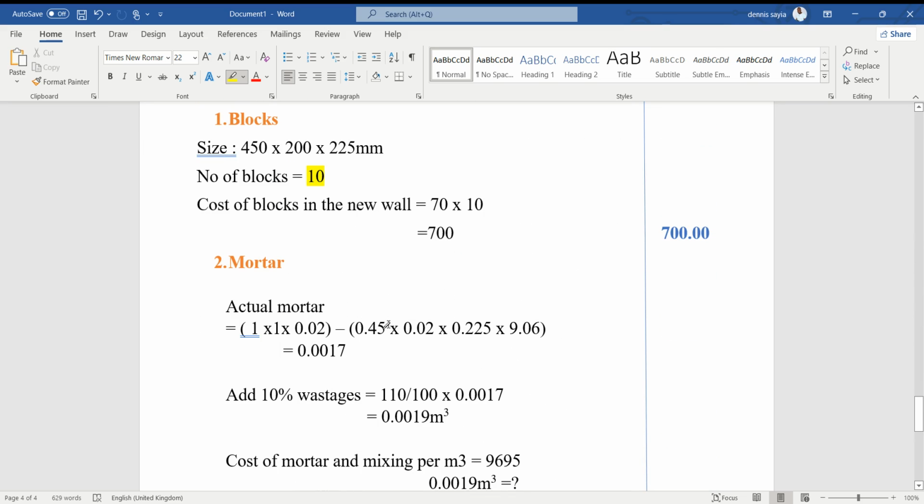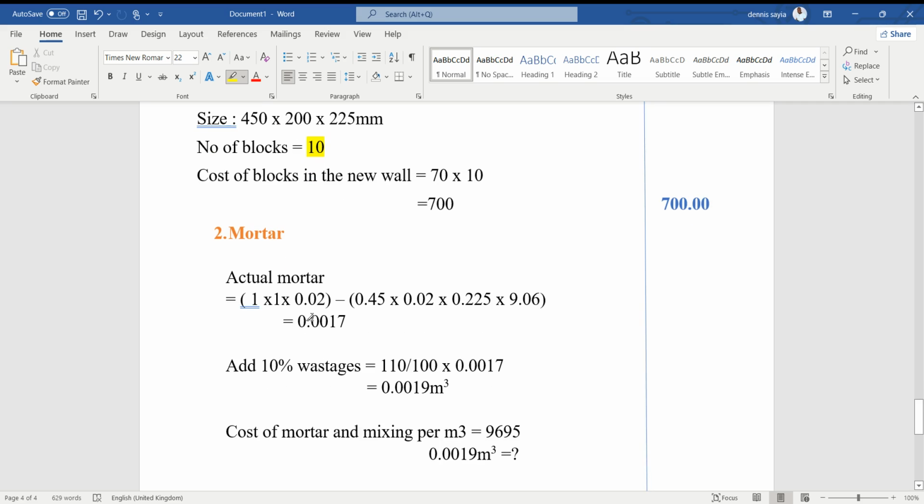The actual mortar, we also find it the same way. The volume of the wall minus the volume occupied by the blocks. The volume of the wall now is 1 times 1 times the thickness, which is 0.2. That is 200. And then the size was 0.45 times 0.2 times 0.225. The number of blocks before the wastage were 9.06. That gives us 0.0017.